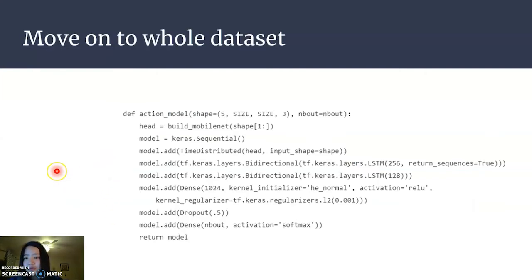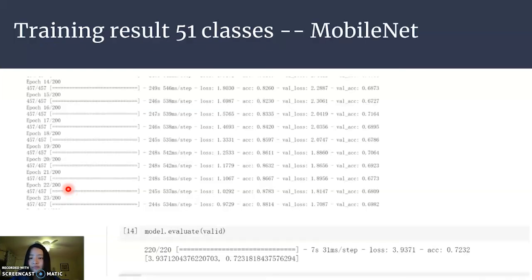Then we decided to move on to the whole dataset. After trying several different structures, we decided to go with 2 bidirectional LSTM layers for MobileNet. And we also implemented L2 regularization. But from the training result, we can still see that there is an overfitting issue.